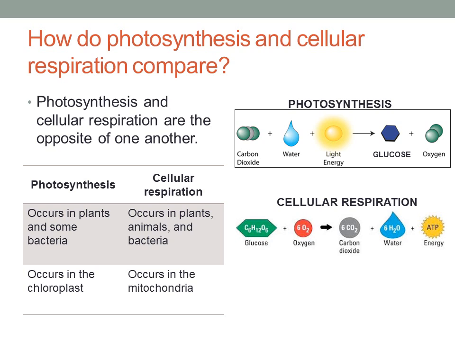So what we see here is that photosynthesis and cellular respiration are indeed opposite of one another. There are also differences in terms of where they occur. Photosynthesis occurs in plants and some bacteria, whereas cellular respiration occurs in all organisms. Photosynthesis occurs in the chloroplast, whereas cellular respiration occurs in the mitochondria.